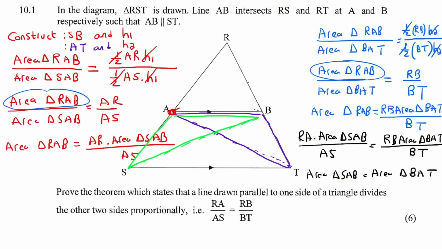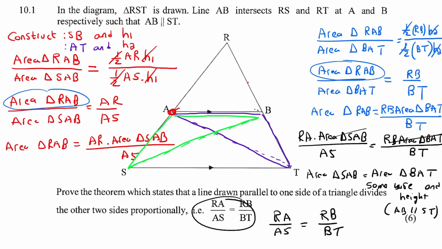The reason is that they have the same base and height, and that is because the line AB is parallel to ST. It was only because these lines are parallel that we could say they have the same height, okay? So because these two triangles are the same now, we can ignore them. And so we then end up with RA over AS equals RB over BT. And that is exactly what we were trying to prove.